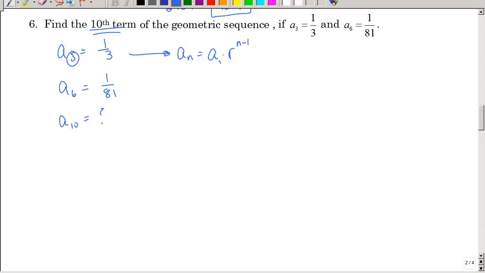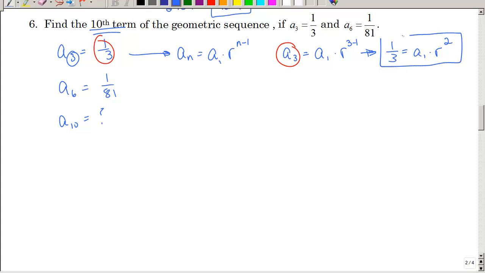So we know n is 3, so a sub 3, I don't know a1, I don't know r, but n is 3. I also know the 3rd term is 1/3, so I'm going to replace that. So I have 1/3 equals the 1st term times r squared. So this information leads me to that equation.